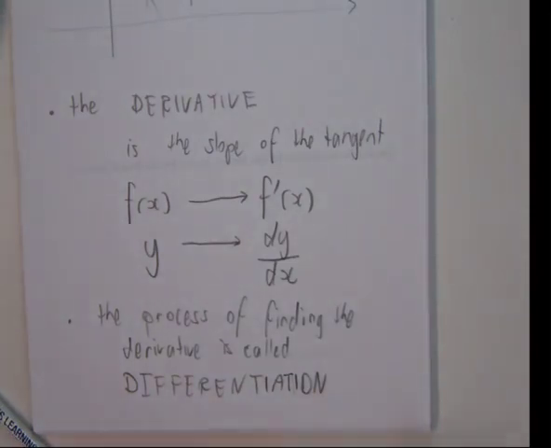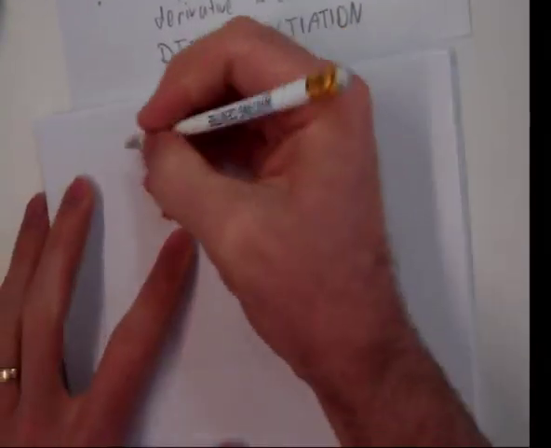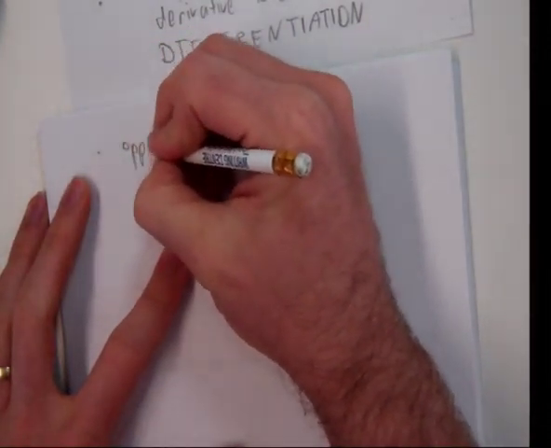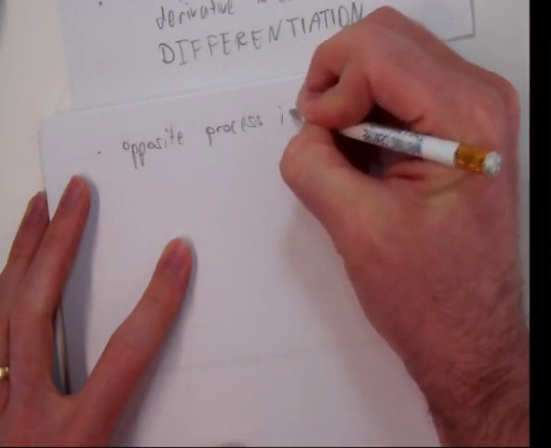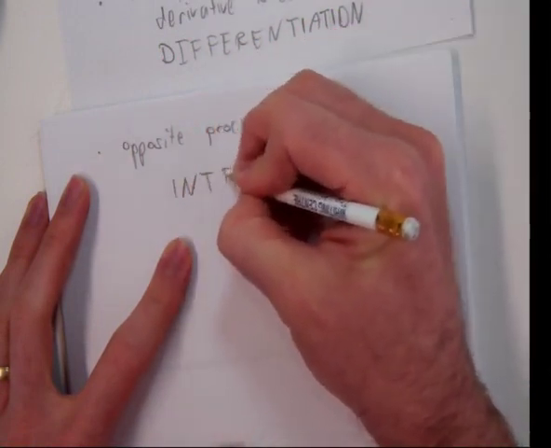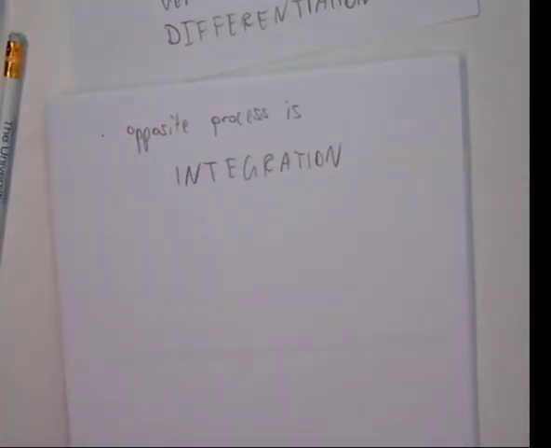And the opposite process of taking a derivative and finding what the original function is, the opposite process is called integration. In ordinary English, differentiation means being able to tell the difference between things, and integration means putting things together.